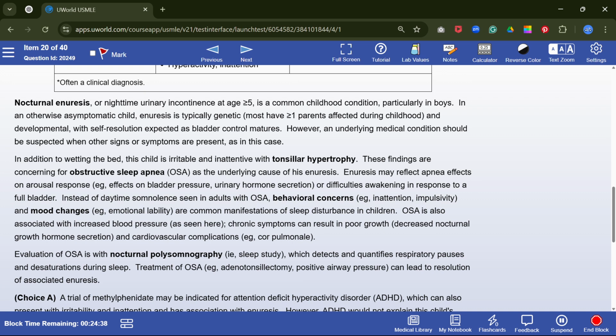Nocturnal enuresis, or nighttime urinary incontinence at age more than 5, is a common childhood condition, particularly in boys.